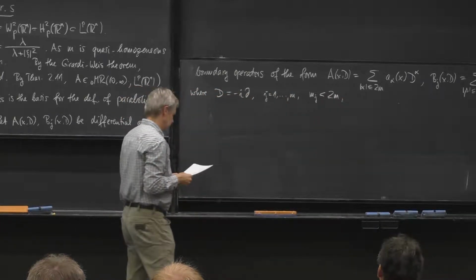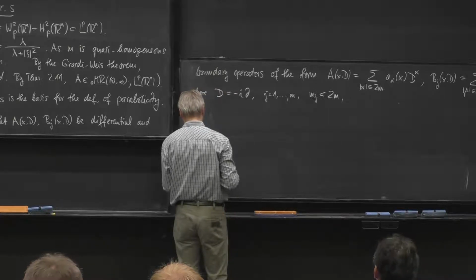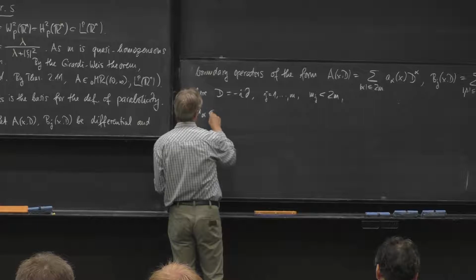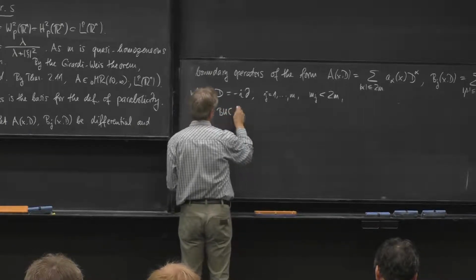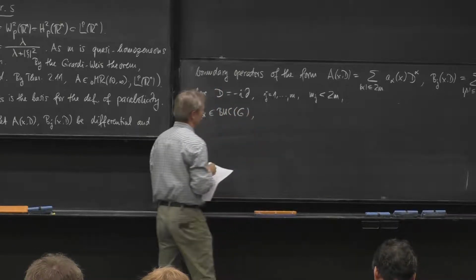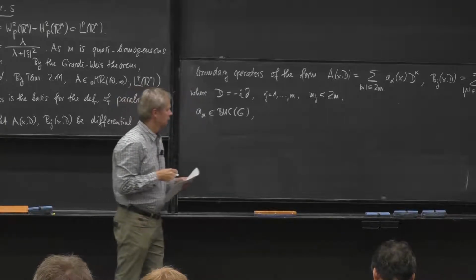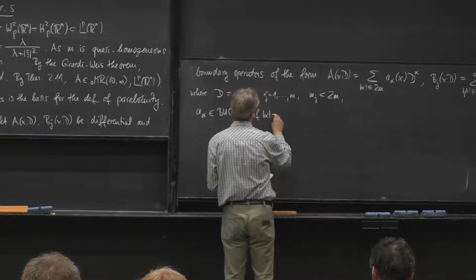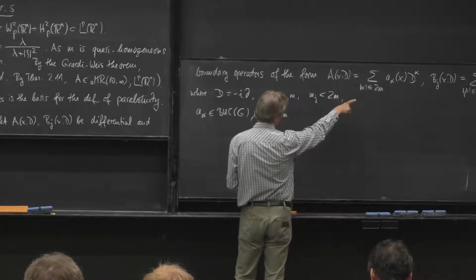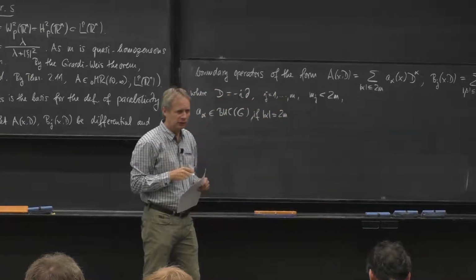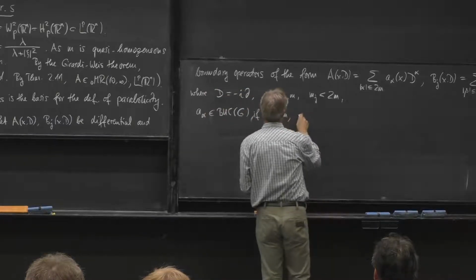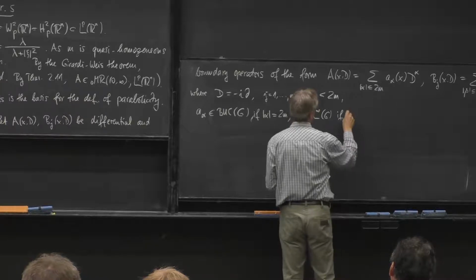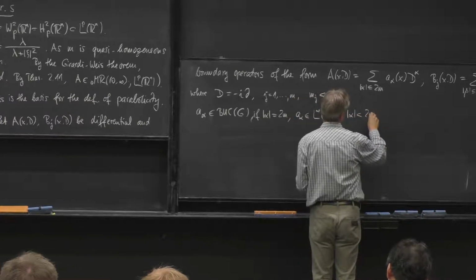So A alpha, I assume that A alpha are bounded uniformly continuous in G if I have a top order coefficient, so top order is 2m, and I assume that A alpha are L infinity of G if alpha is lower order.